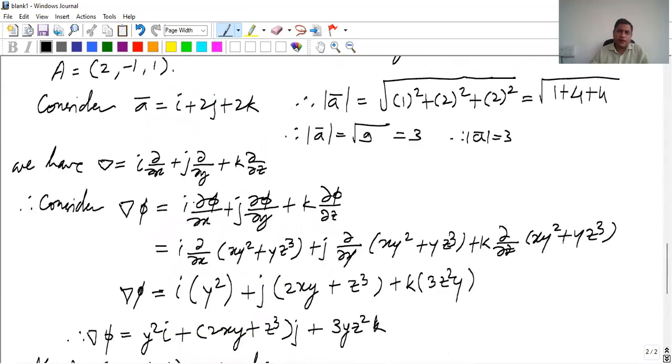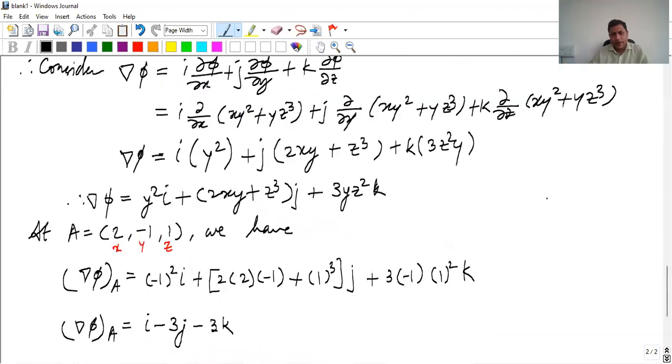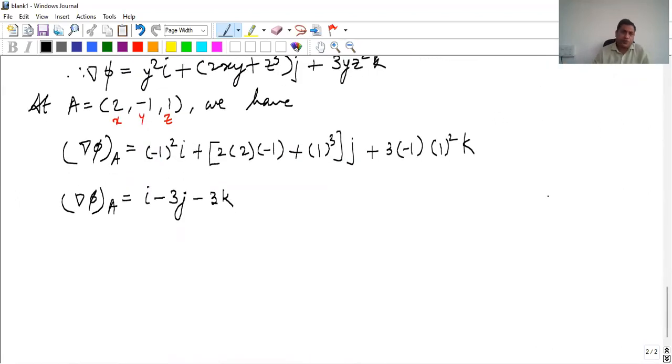We know the vector and its modulus, so we are able to find the directional derivative.